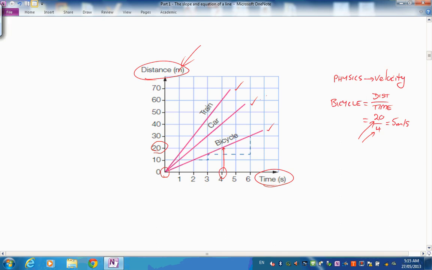And you can see where it's come up here to the car. Let's do the car for 4 hours. Sorry, not 4 hours, 4 seconds. It's gone 40 metres. So the slope or gradient of that line is the distance over the time, and that's twice as fast, 10 metres per second.